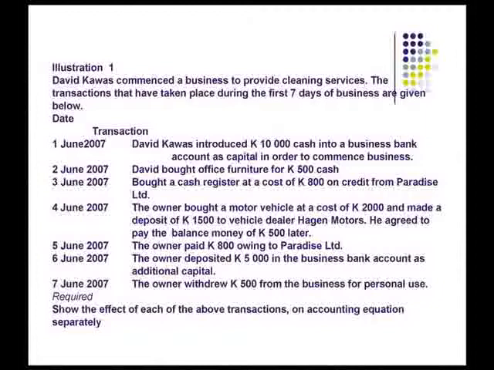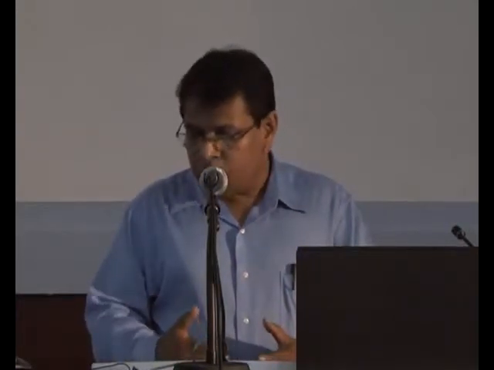He purchased this item on credit from Paradise Limited. So, as a result of this transaction, you create a creditor. Creditor's name is Paradise Limited.